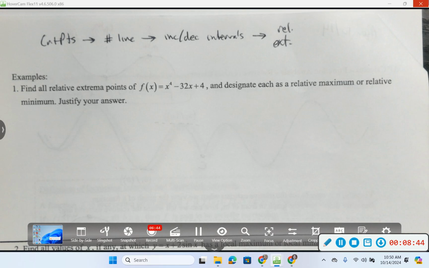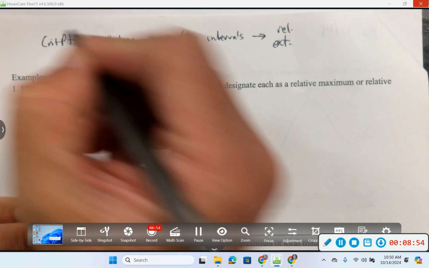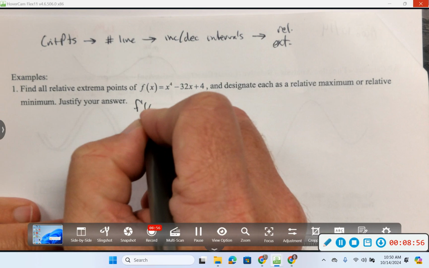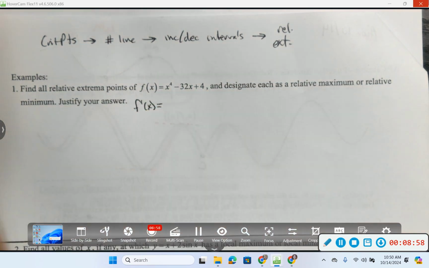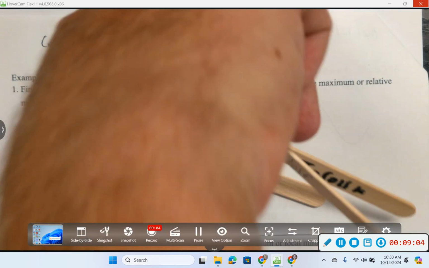There it is one more time. So it's that last step that's the new thing, but the old stuff is still a lot to think about. So critical points, that's where the first derivative is 0 or undefined. So I need a derivative of that function. That function has 3 pieces.